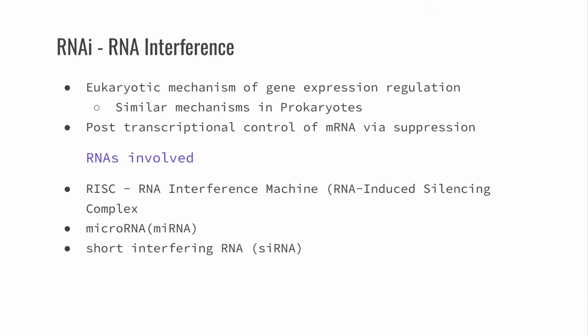Some of the important terms here are RISC, the RNA-induced silencing complex, which will be the protein that splits apart base paired miRNAs, microRNAs or miRNA, and short interfering RNA or siRNA. And we'll get into more detail about the mechanisms for each of these.